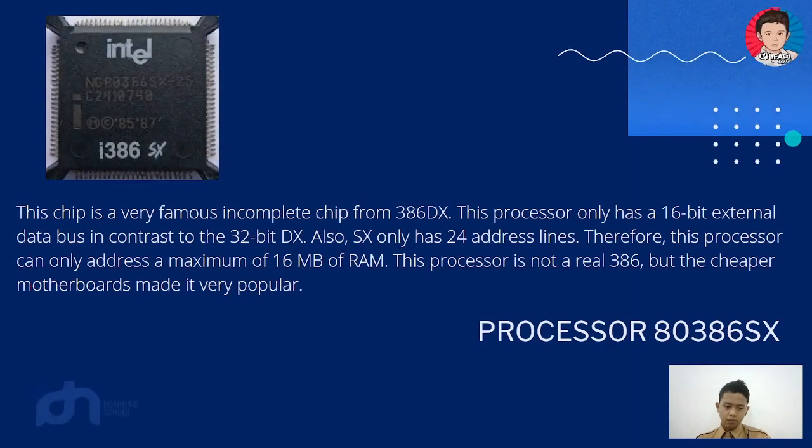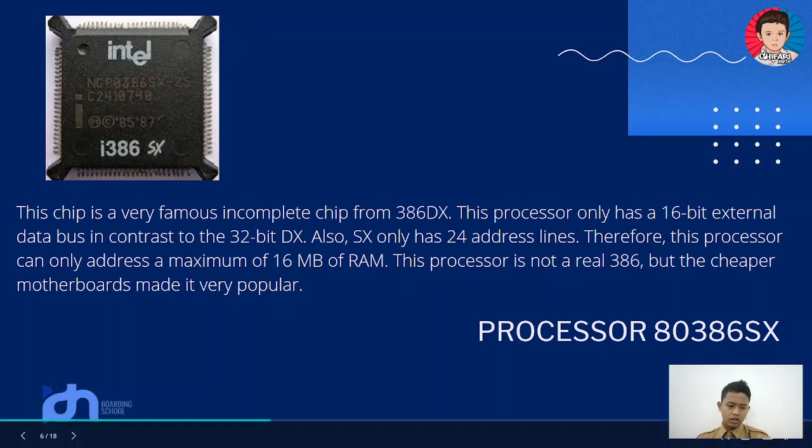Next, processor 80386SX. This chip is a very famous incomplete chip from the 386DX.